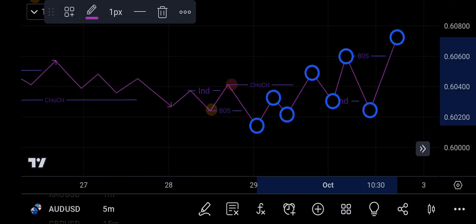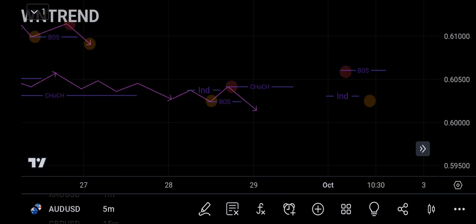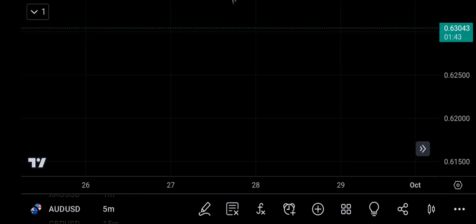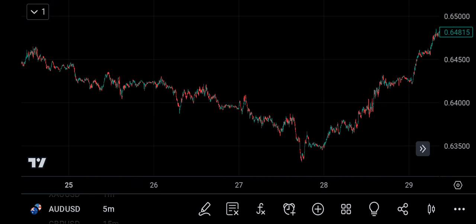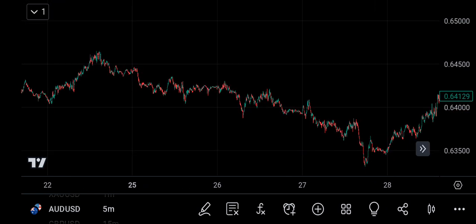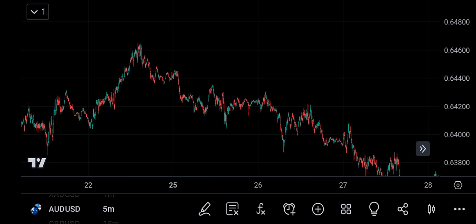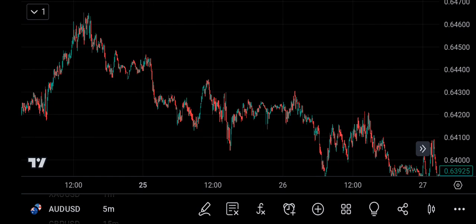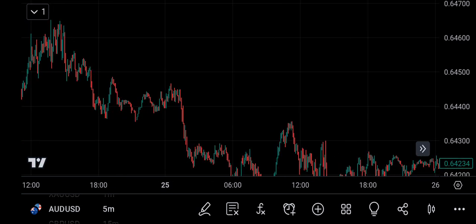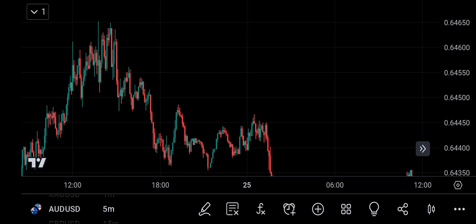So let's move to the live chart immediately. Let's consider structure from this point. Looking at this, let's mark from the top. Where is our high?